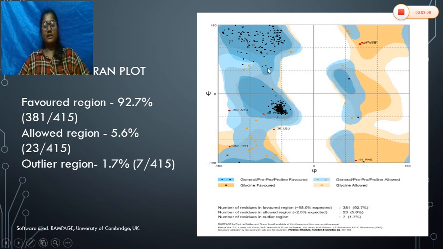The Ramachandran plot for this protein showed that 92.7% of the residues lay in the most favored region, 5.6% lay in the allowed region, and only 7 residues lay in the outlier region, which indicates that the overall quality of the protein is good.